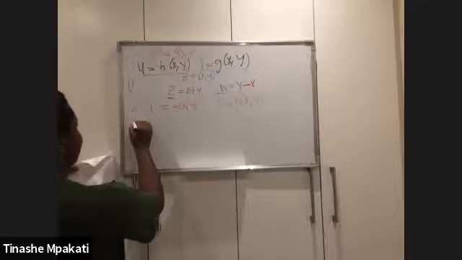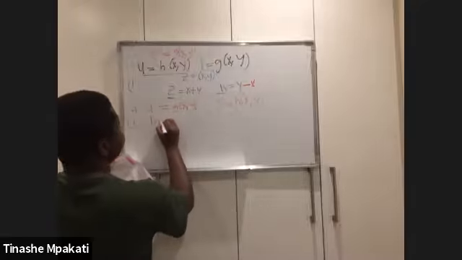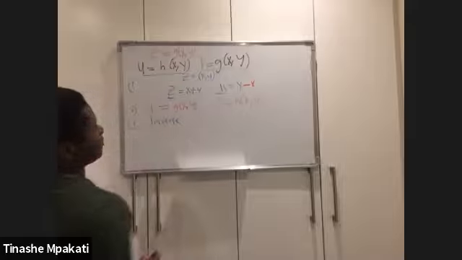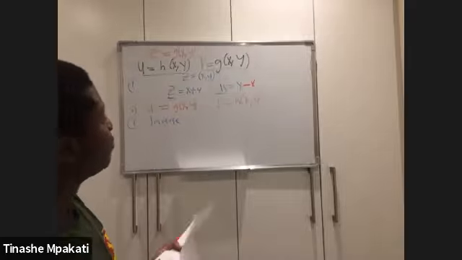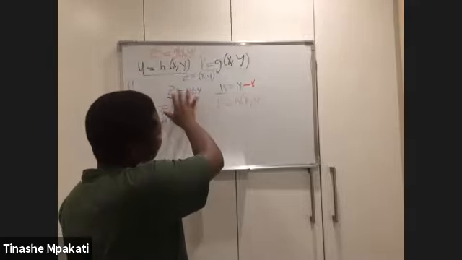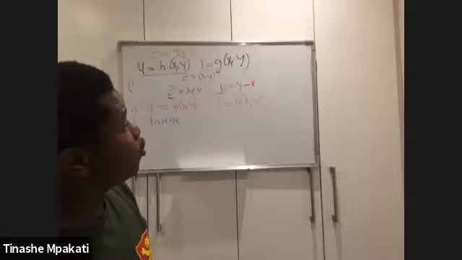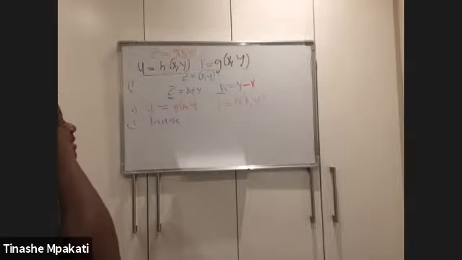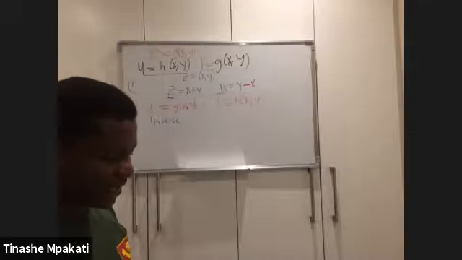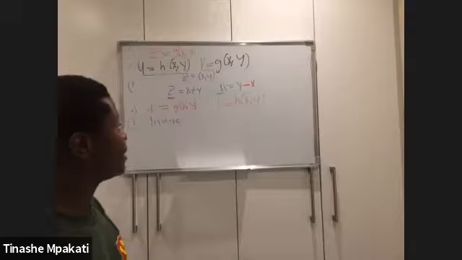And the next thing is that you can find inverses. You can find the inverse of each. What it means is that even though you've got z is equal to this and w is equal to that, you need to be able to write an equation for x and an equation for y.